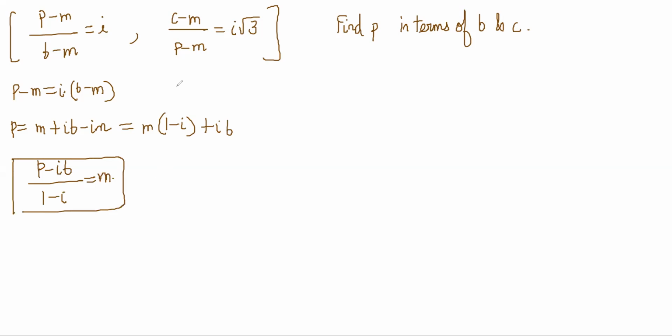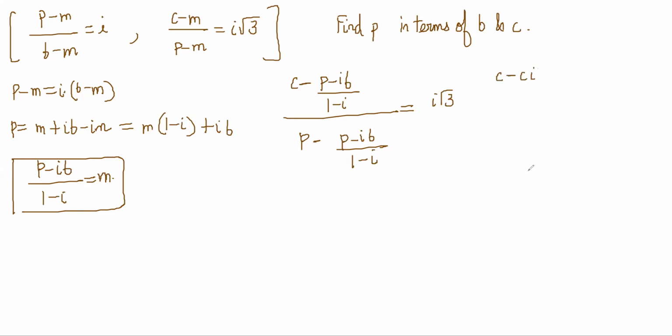Yes, sir. I will put that here. So C minus (P minus iB) by (1 minus i), divided by (P minus iB) by (1 minus i), is equal to i√3, right? So I will get C minus Ci minus P plus iB, and the 1 minus i will get cancelled, and P minus Pi minus P plus iB is equal to i√3, right? So P minus P will cancel here.